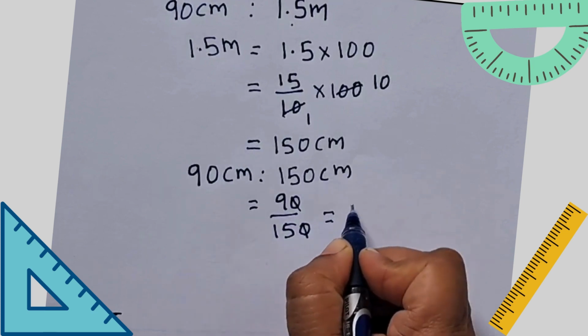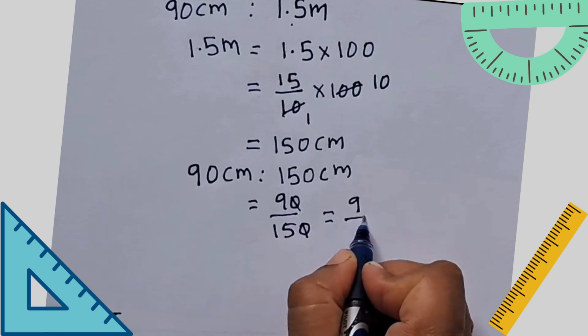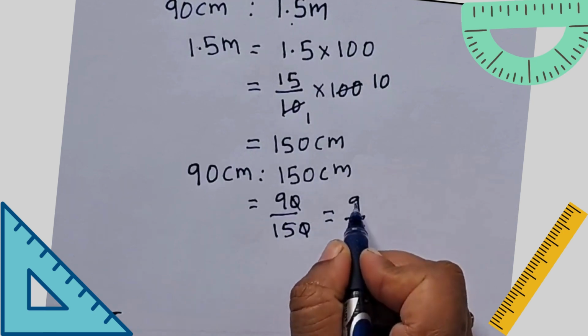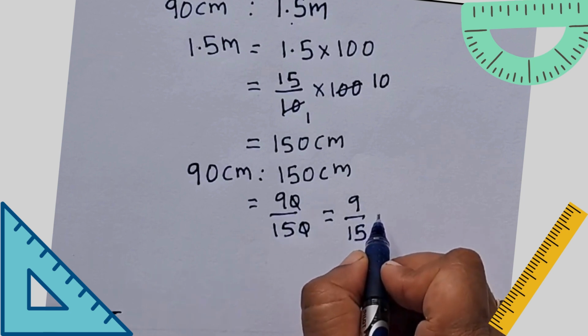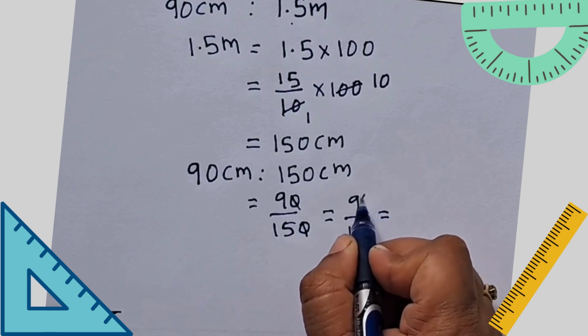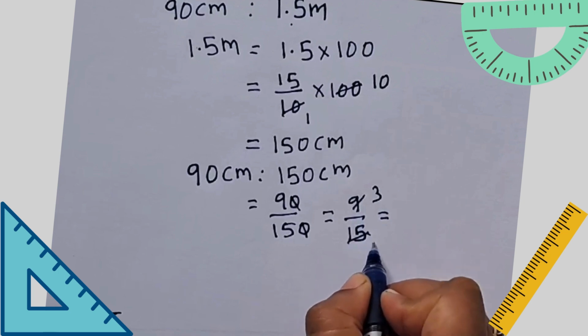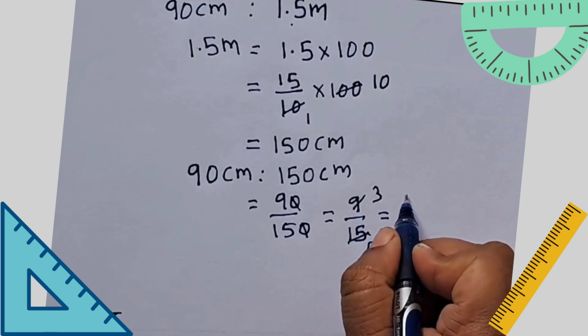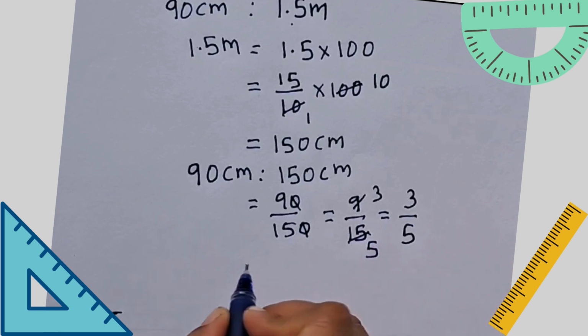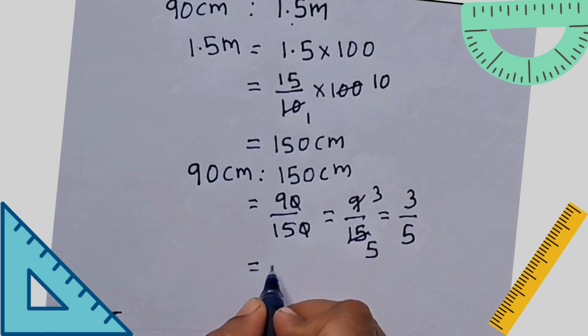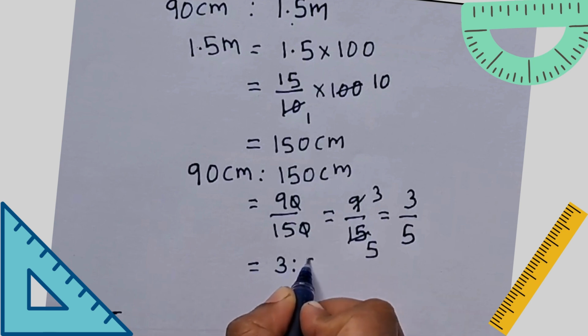You will be remained with 9 by 15. If you see, both numerator and denominator can be divided by 3. 3 threes are 9, 3 fives are 15. So 3 by 5. Therefore, the required ratio is 3 is to 5.